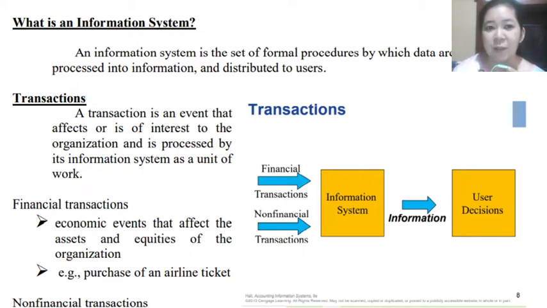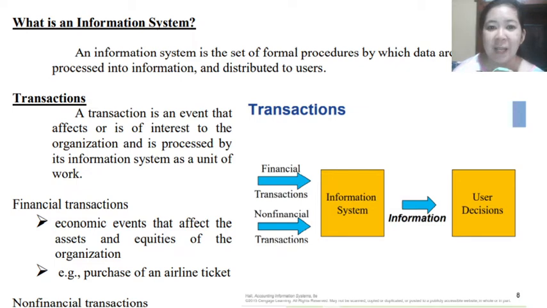So transactions, basically these are the events that affect or are of interest to the organization, and this is processed by the information system as a unit of work. So basically, transactions are the economic events, okay, that take place in an organization. Okay, so here we have an example.